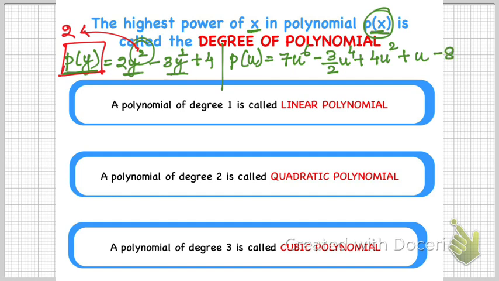Here the highest power in this p(u) polynomial is 6. See, here you have u to the power 4, here u to the power 2, and nothing is there, so u to the power 1, but this u to the power 6 is the highest one, so here the degree of the polynomial is 6.